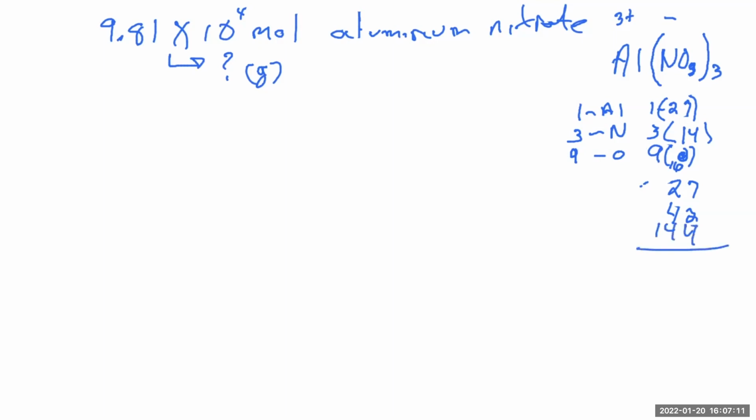Okay, so we add those together, you get the molecular weight: 213 grams per mole. Is that what you got? Oh, I got 215.